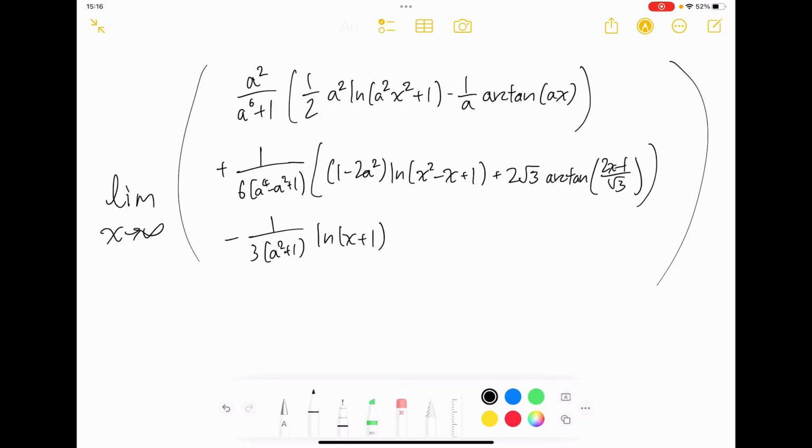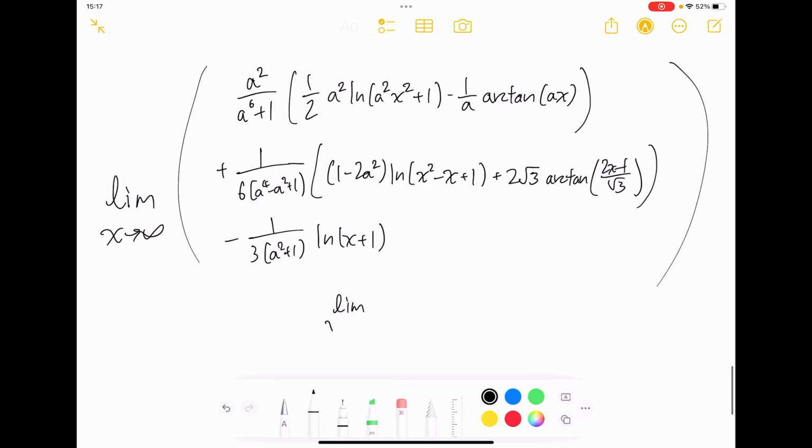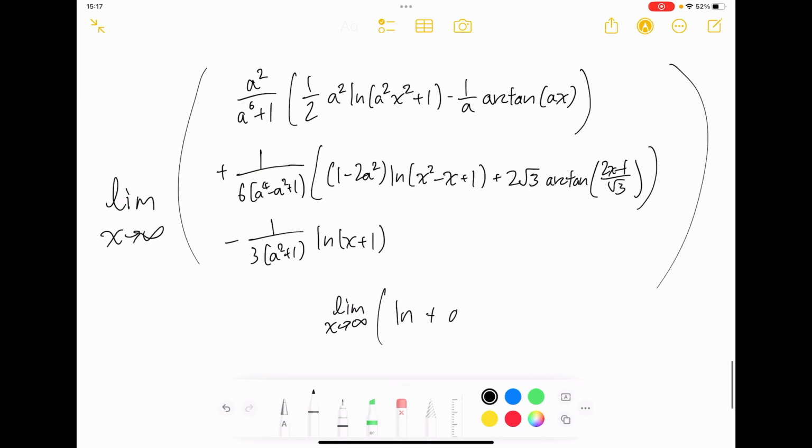So when we take our limit to infinity, we are actually going to split this up into 2 parts. As I said, I used the terms ln part and arctan part for the 2 parts. If we multiply these in, and only consider the terms with the ln, and call that the ln part, what we're looking for is the limit as x goes to infinity of the ln part plus the inverse tangent part.